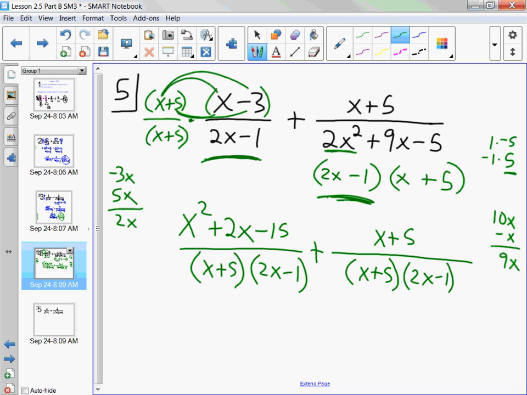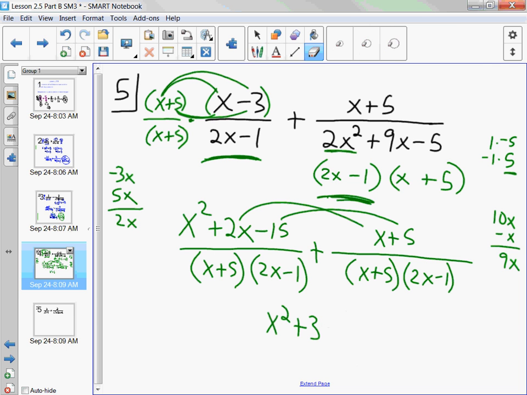So now I'm ready to combine like terms on the top. I have an x squared on the top. I have a 2x plus an x, that makes 3x on the top. That would be these two added together. And I have a negative 15 plus 5x makes a negative 10. Whoops, I forgot to put the x on there.